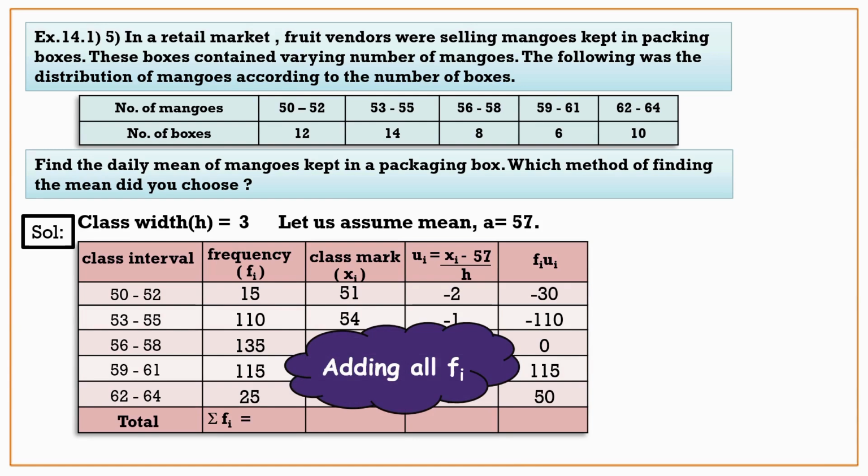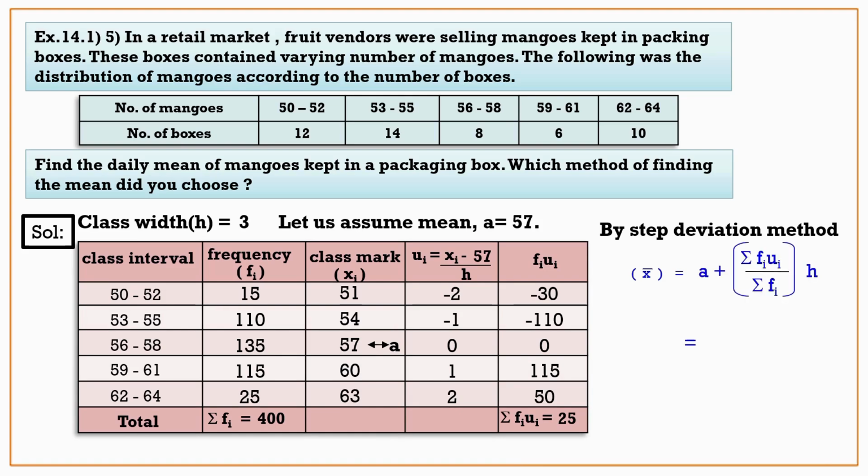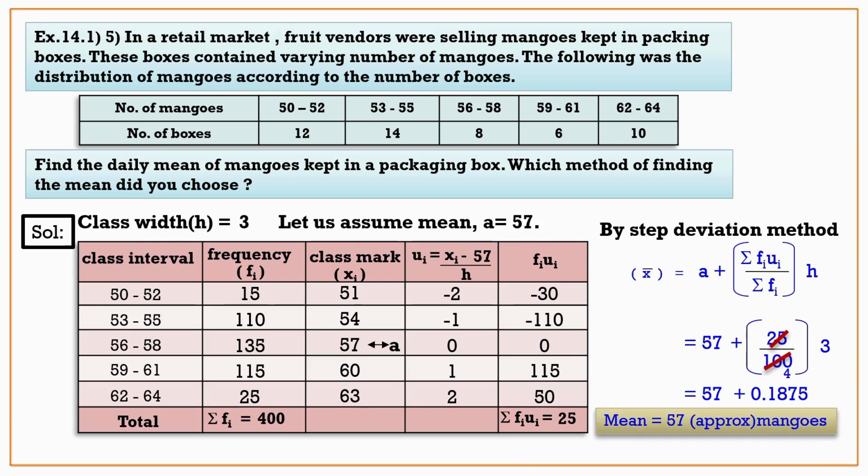Now finally we need to find the summation of fi and summation of fi ui. By using the step deviation method, we apply the formula over here. So we got 57 plus 3 by 4. If we make it in decimal, we will get 57.1875, which is approximately 57.